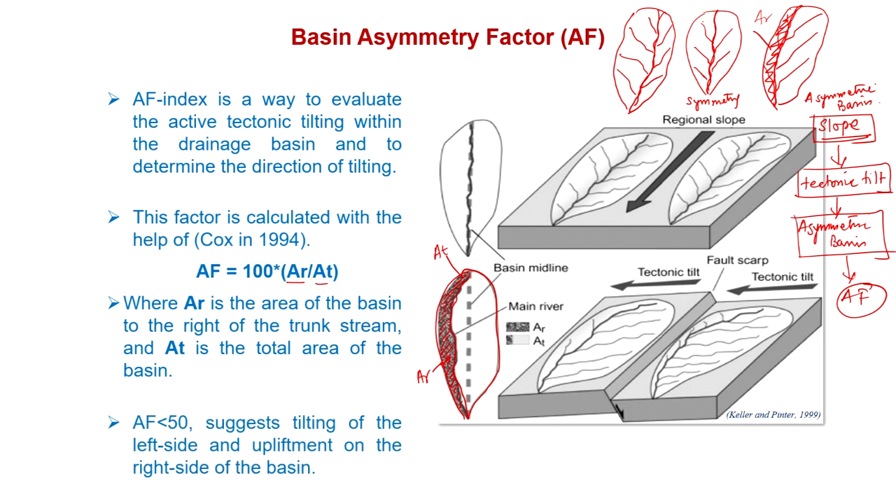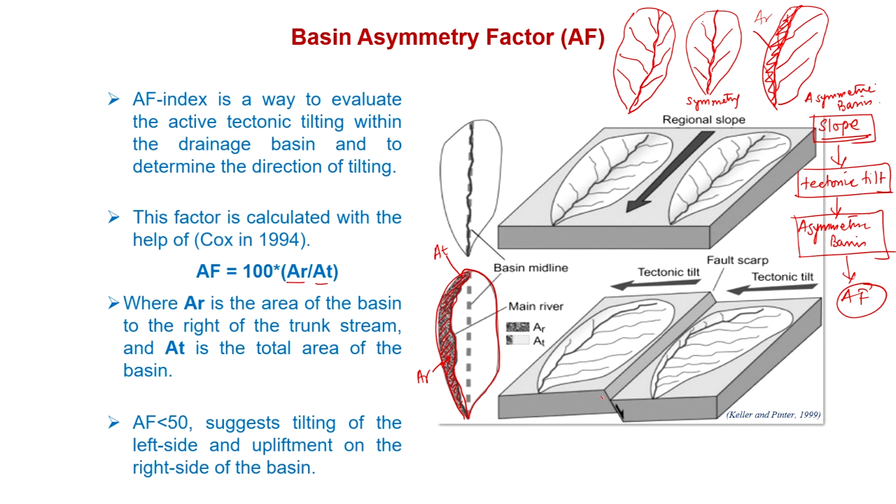So, the tilt factor. AF less than 50 suggests tilting of the left hand side and uplift on the right hand side. Okay. So, this is the case in the example shown here. There is a tectonic tilt on the left hand side.